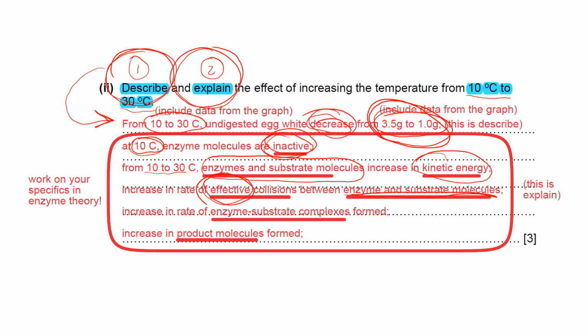And if the collision is effective, I can form more enzyme substrate complex. If I can form more enzyme substrate complex, it means I can form more product molecules, which means the reaction becomes better and better, or the reaction rate increases.